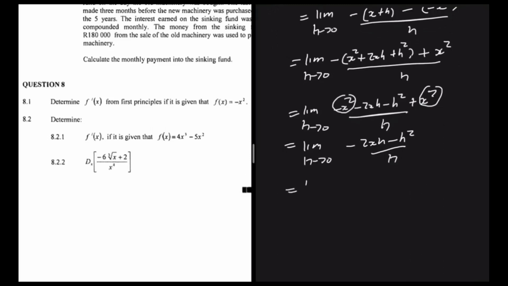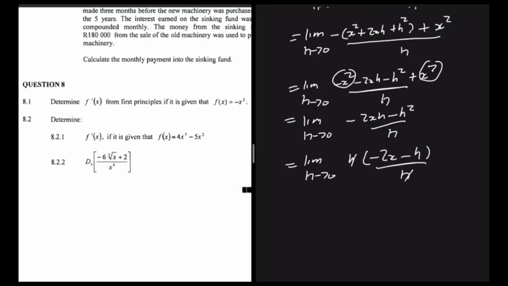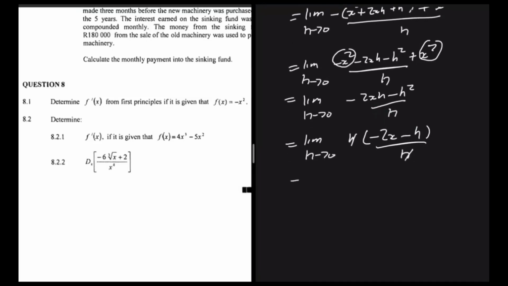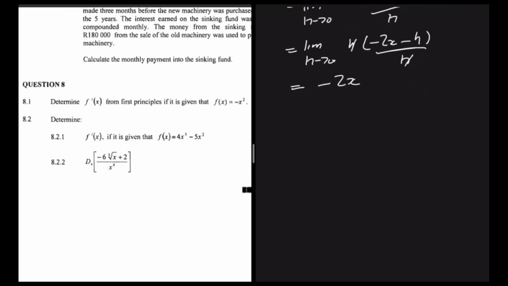So we're going to have the limit as h tends to 0 of h times minus 2x minus h, divided by h, and then h and h will cancel out, right? And now we're letting h tend to 0, so we're just going to have minus 2x. So for 8.1, we're supposed to get minus 2x, which is quite straightforward and easy if you use the power rule.